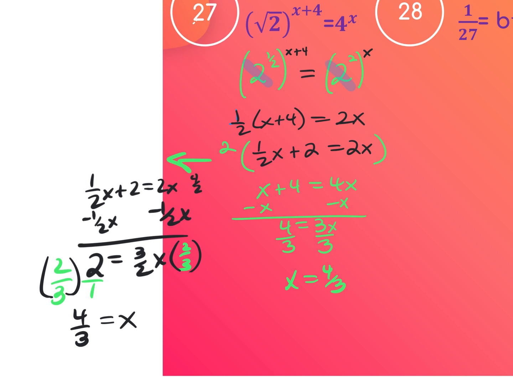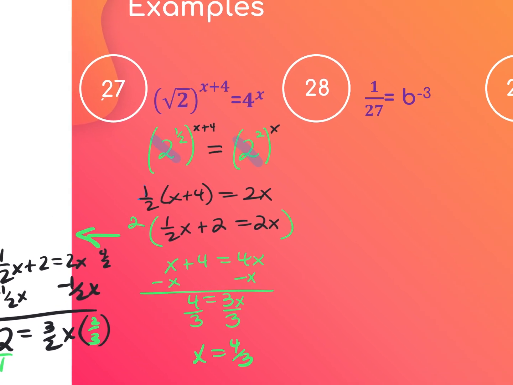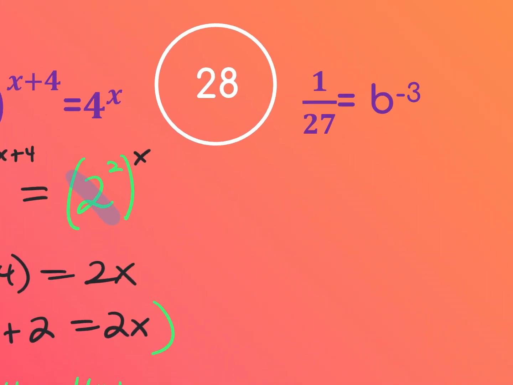So the last 2 examples are what we've already covered back when we did that prerequisite chapter. So way back at the beginning. For this one, notice there's no way I could make both sides have the same base. So what I'm going to do instead is convert b to the negative 3 to be 1 over b to the 3rd. And then write this one. And now I'm just going to solve this as if it's a proportion.